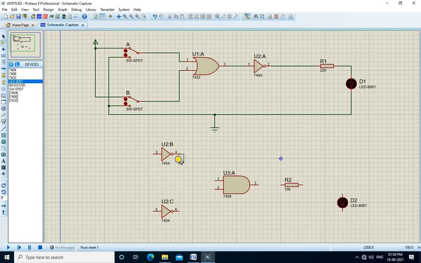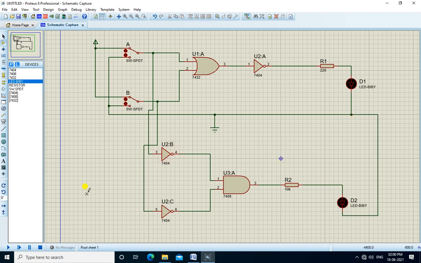Okay, we will connect now the A, B. The output of the NOT gates is connected to the input of the AND gate. The output of the AND gate is connected to the LED.